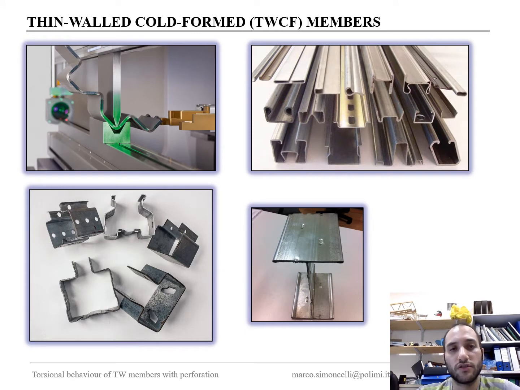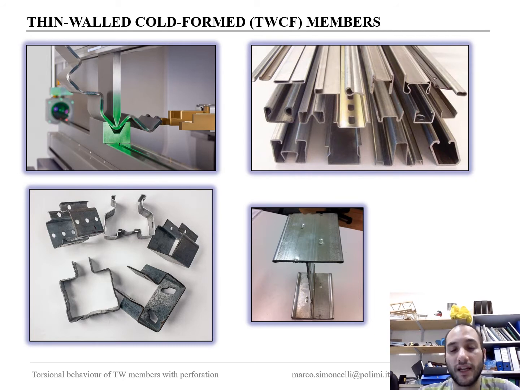Just a very short recall on thin-walled members. Thin-walled members are steel members created by the coil-forming processes, so they are different from hot-rolled members. The thickness of these members generally cannot be bigger than 4.5 millimeters.